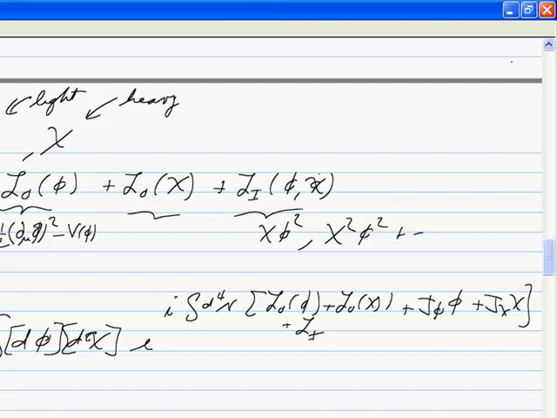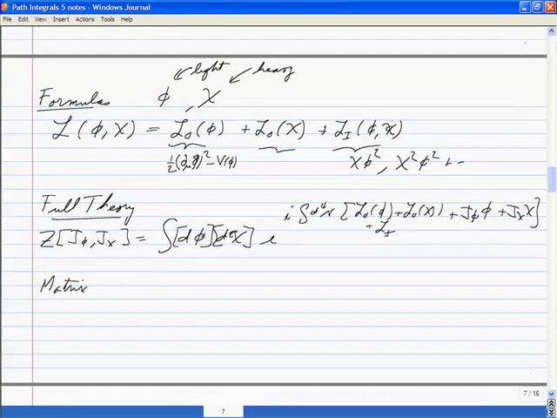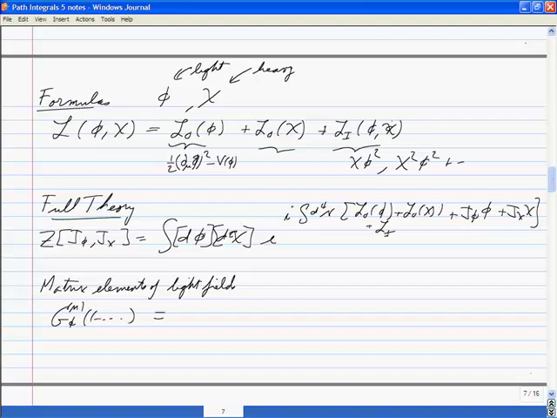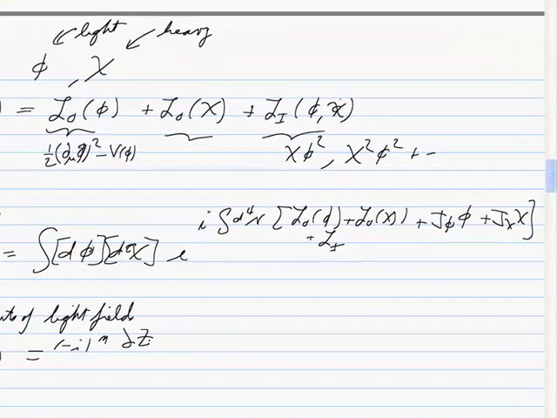But now if we're working at low energies, we want matrix elements of the light fields. So we have some Green's function of phi, dot, dot, dot, is minus i to the n, delta Z over Z of 0, psi of J_phi of x1 through J_phi of xn.